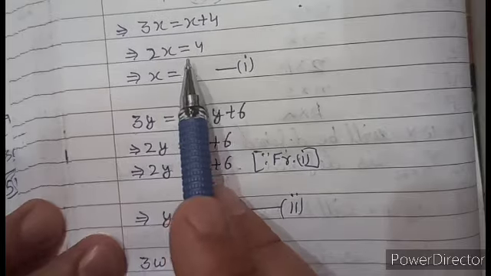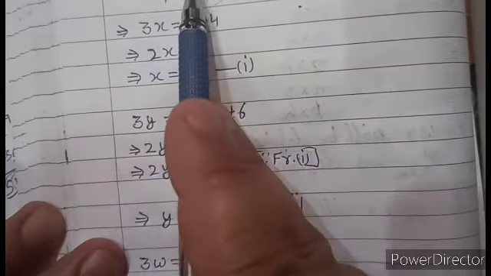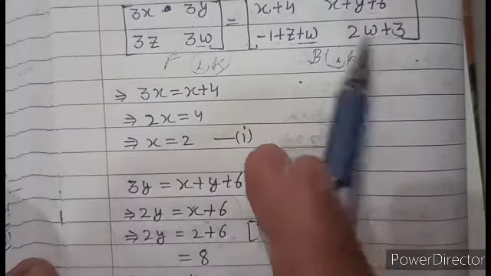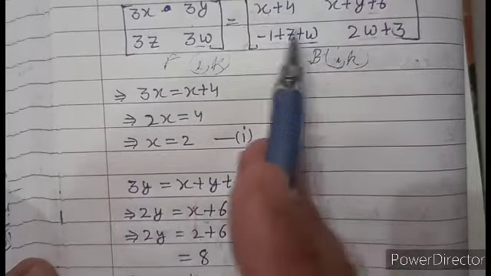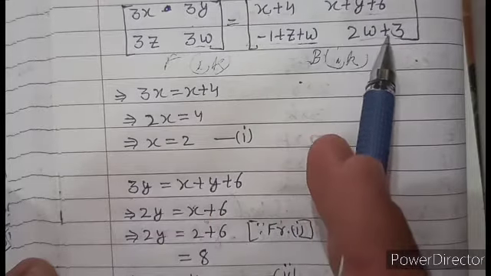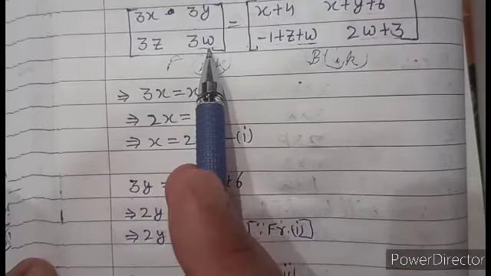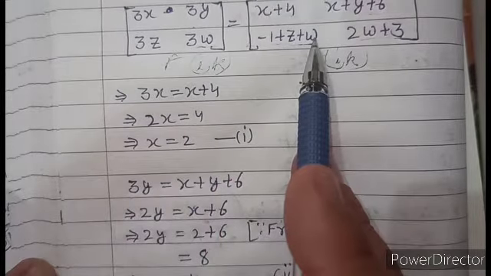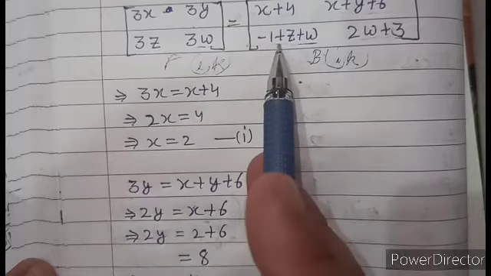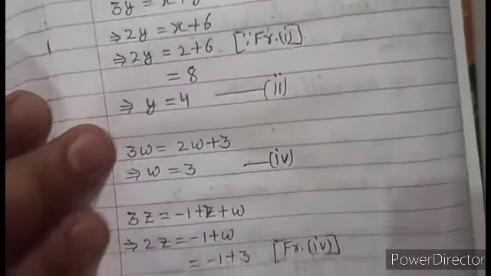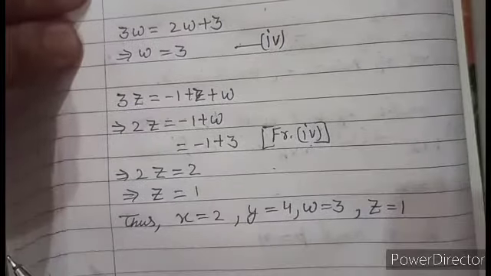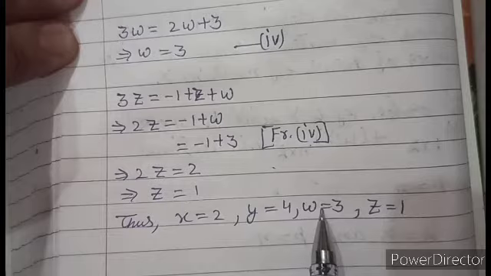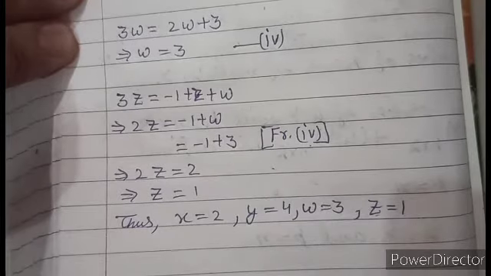In the fourth equation, A22 and B22 are equal, so 3w equal to 2w plus 3 will give us the value of w, and 3z equal to minus 1 plus z plus w, after putting the value of w, will give us the value of z. So we are getting the value of x as 2, y as 4, w as 3 and z as 1.